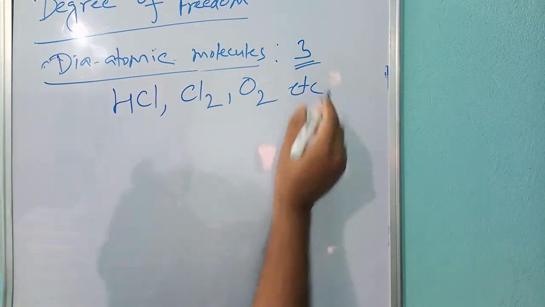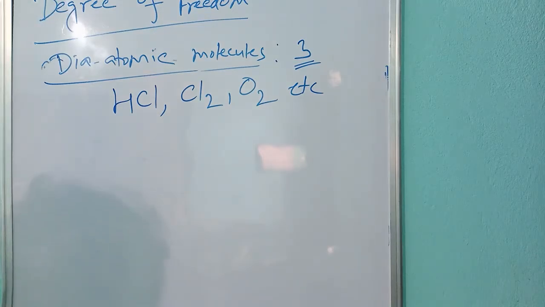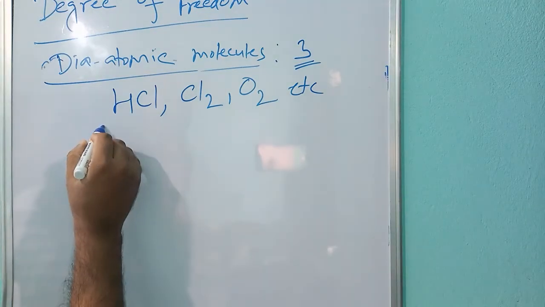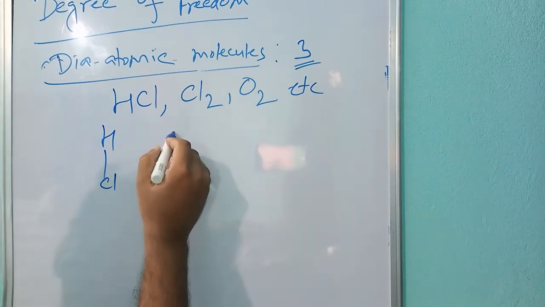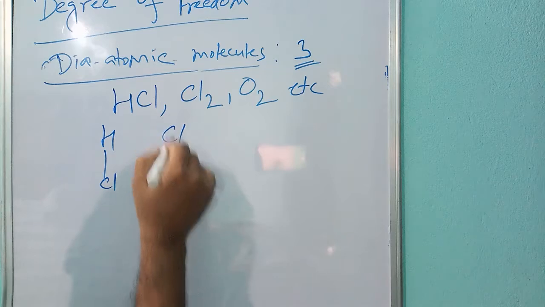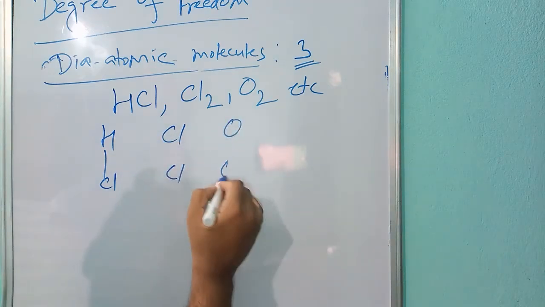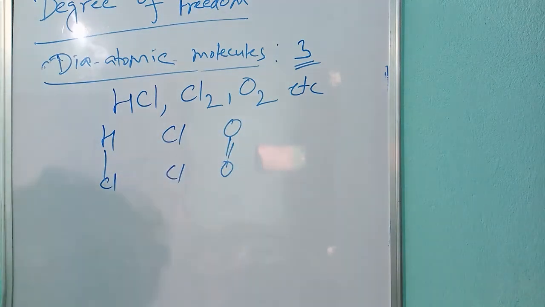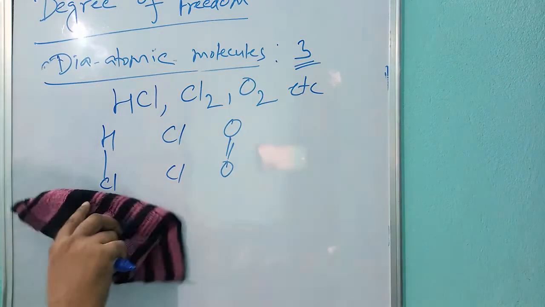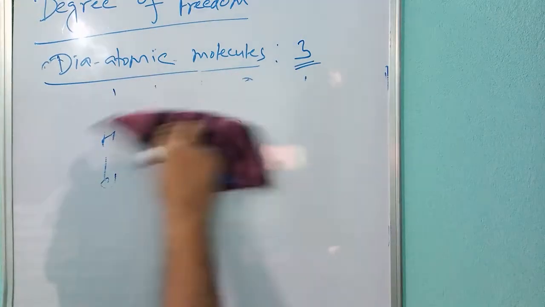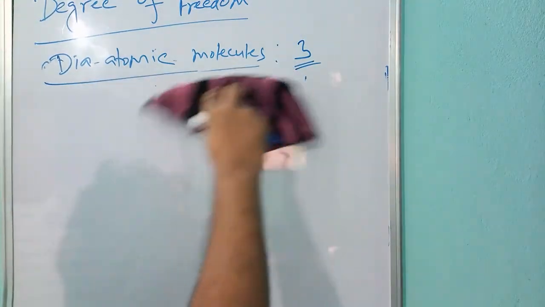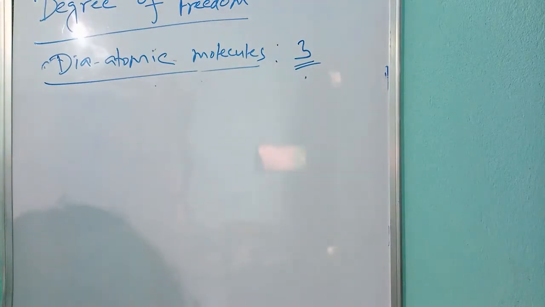This kind of molecule comes under this category. HCl will be connected like this in the dumbbell shape, or Cl2, it will be connected like this, oxygen. So it will be in a dumbbell kind of shape.